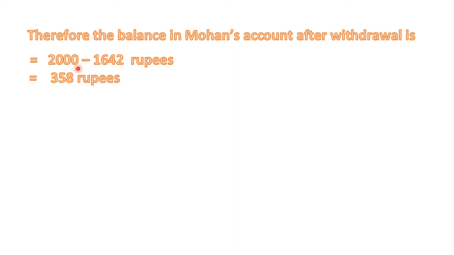So now he has left over 358 rupees, which we got by subtracting, because withdraw means to subtract, right? We have seen that already. So at the end, Mohan has 358 rupees balance in his account, right? So now let us go on into the next question.